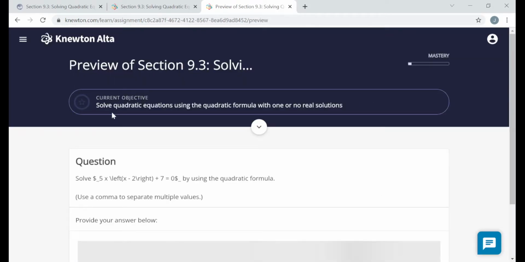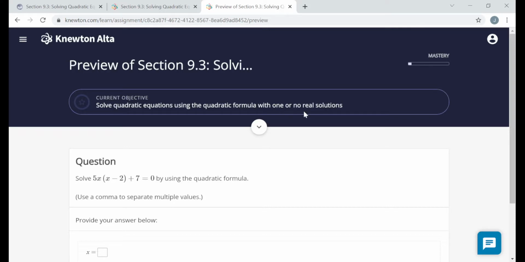is on this objective. Solve quadratic equations using the quadratic formula with one or no real solutions. So this is where the discriminant is going to be either 0 or negative. If it has one real solution or no real solutions. Remember, one real solution meant the discriminant was 0.